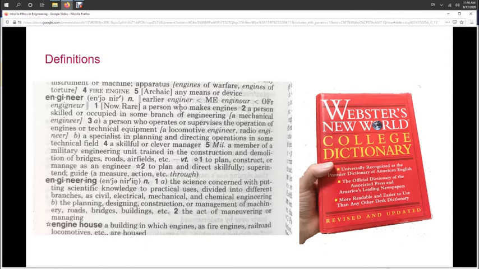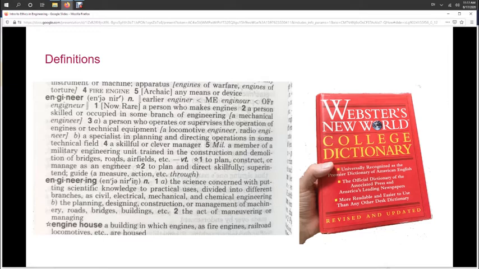A person who operates or supervises the operation of engines or technical equipment in a locomotive or also submarines. They also call them engineers. A specialist in planning and directing operations in some technical field. Okay. A skillful or clever manager. That's an interesting definition. I had not thought of engineer in that way.